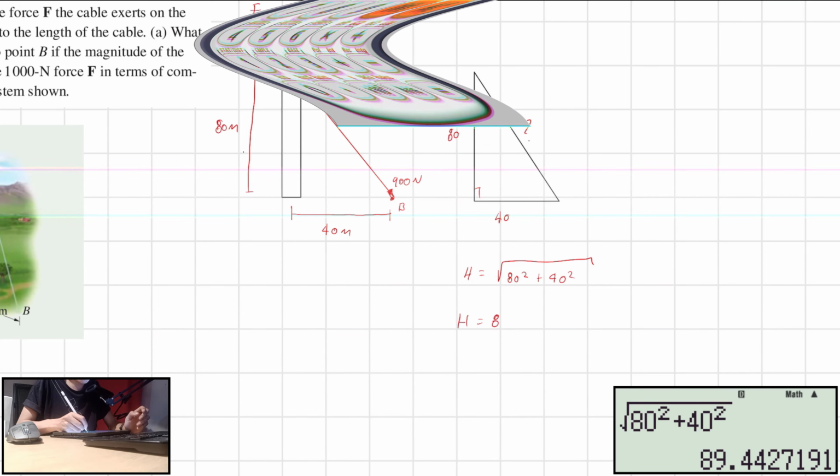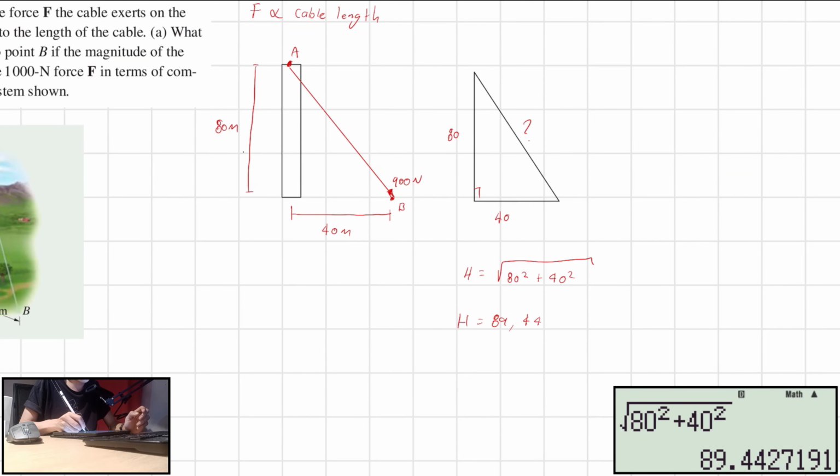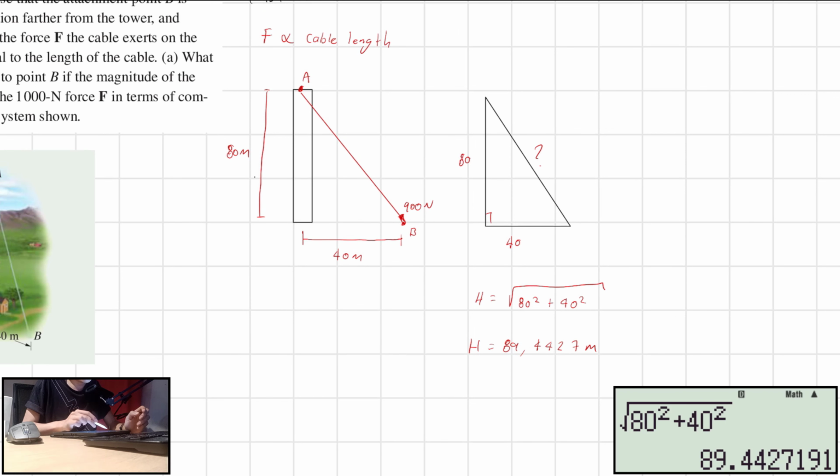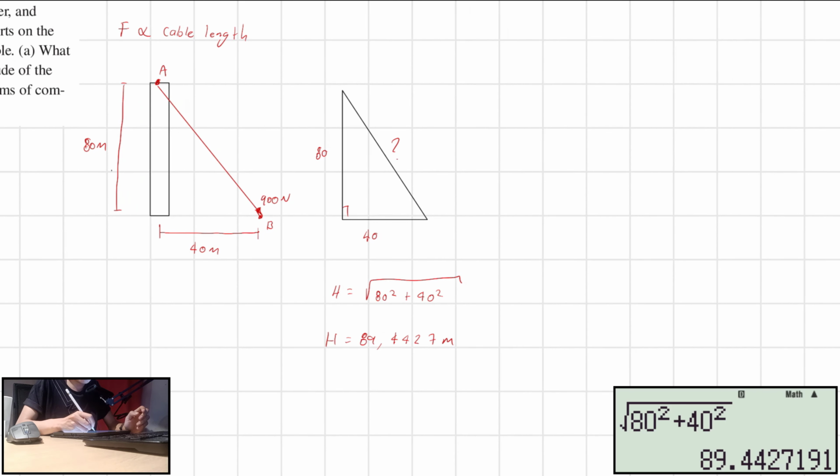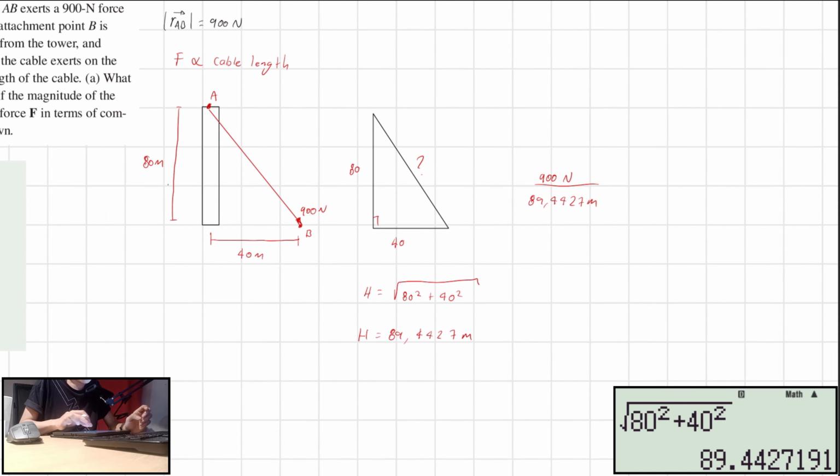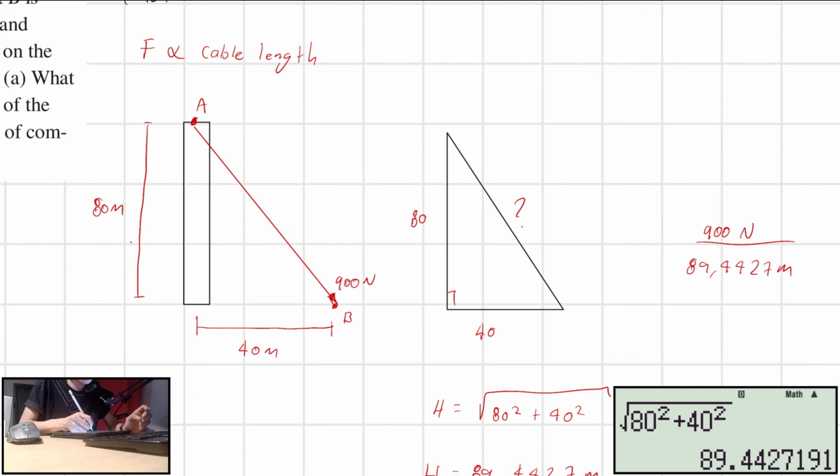It's equal to 89.4427 meters. Now the force is proportional to the length. So I can say that 900 newtons is perfectly equivalent to 89.4427 meters.